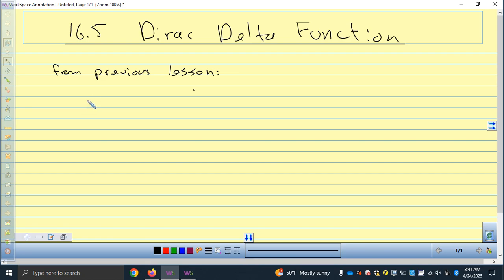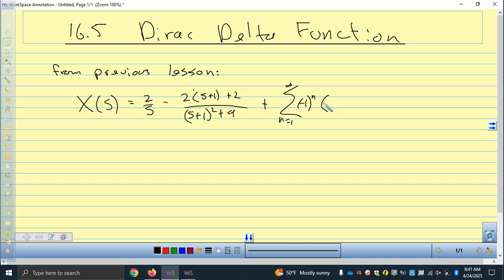So we had gotten to the transform of our solution was 2 over s, and we fix this up, s plus 1 plus 2 over s plus 1 squared plus 9 plus the sum, because we had a geometric series in there, negative 1 to the n, 4 over s.